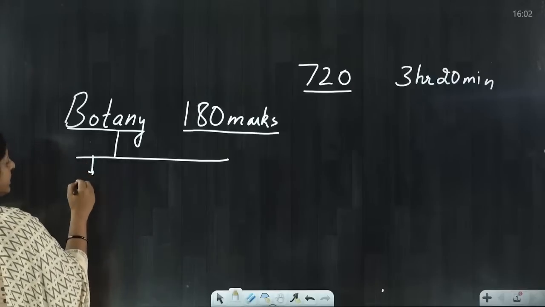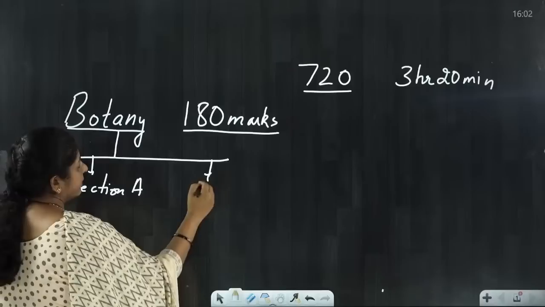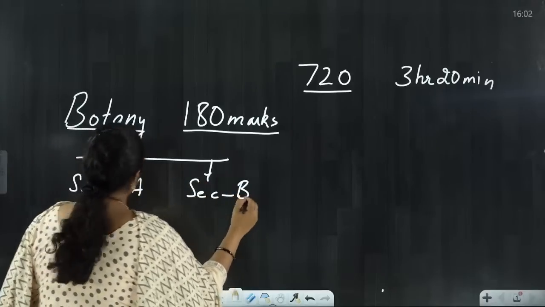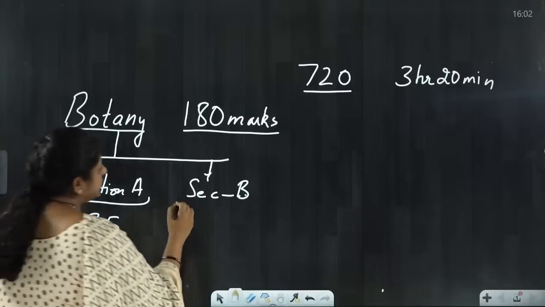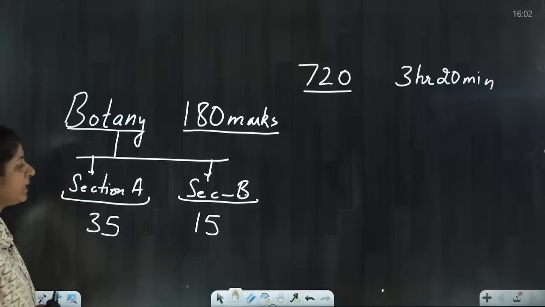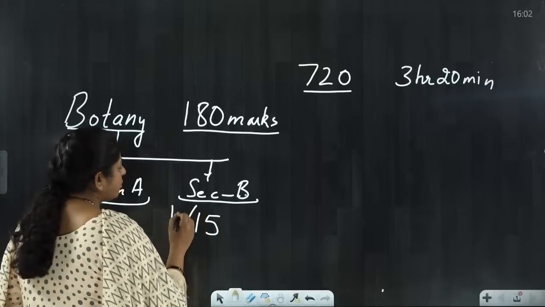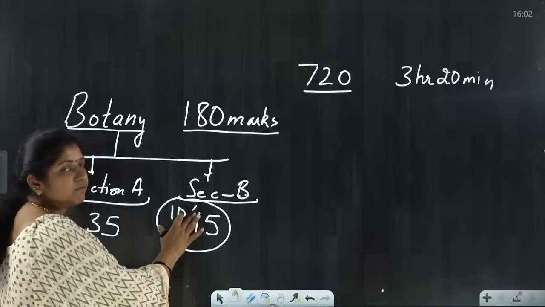There you have section A and section B. In section A you have to attempt 35 questions. In section B you will find 15 questions, but you have to attempt 10 out of 15, which means you have a choice among 5.